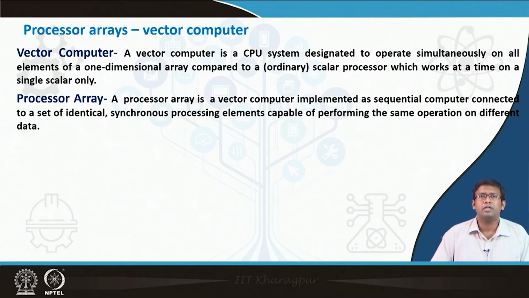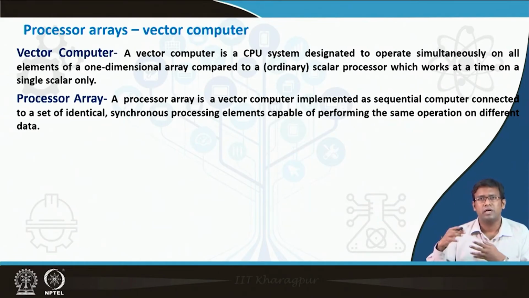And an example of a vector computer is a processor array, which is a vector computer implemented as a sequential computer connected to a set of identical synchronous processing elements capable of performing the same operation on different data. That means it is the same operation which will be done, like a vector operation adding two vectors. The same addition will be done on all respective elements of these two vectors, by different synchronized processing elements.